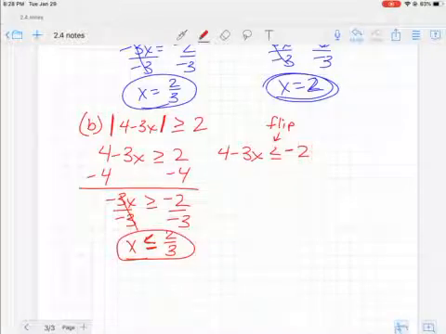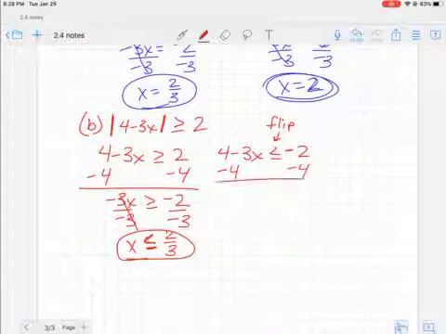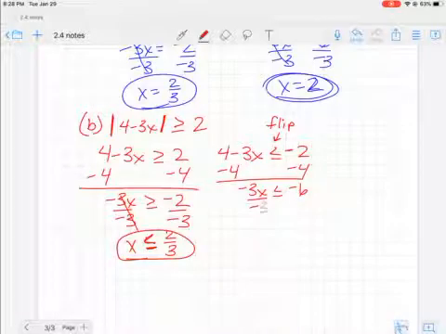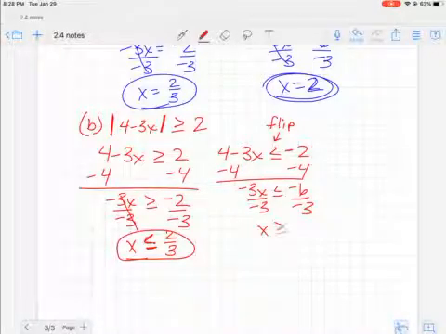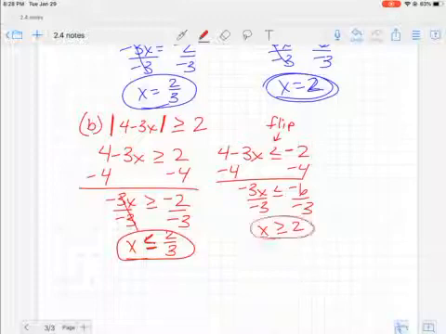All right. Do this other side. When you subtract 4 from both sides, negative 3x is less than or equal to a negative 6. Again, I'm dividing by a negative 3. So I have x is now greater than or equal to a positive 2.